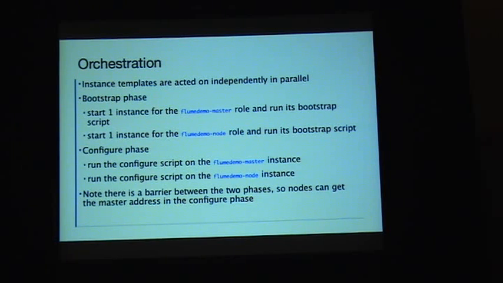Whirr will then wait until that phase is complete before it starts the configure phase. So there's actually a barrier between the two. And that's important so that we can guarantee that property of being able to pass IP addresses, so that the configure phase can discover the IP addresses that it's going to configure.